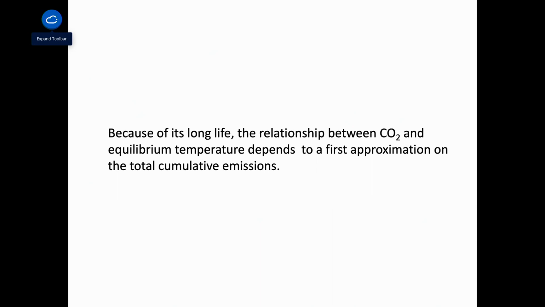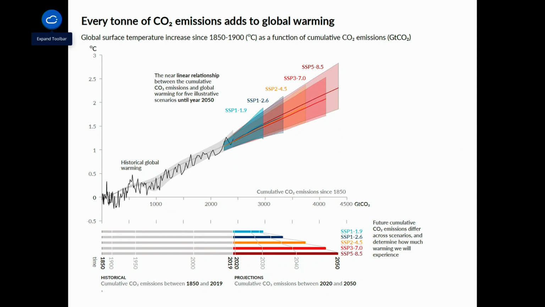There's a fixed carbon budget that you can spend to get to a given temperature, and that's shown on the next slide. So this is the total amount of CO2 emitted since 1850, and this is the global surface temperature in 2050. And what you can see is this is approximately linear.